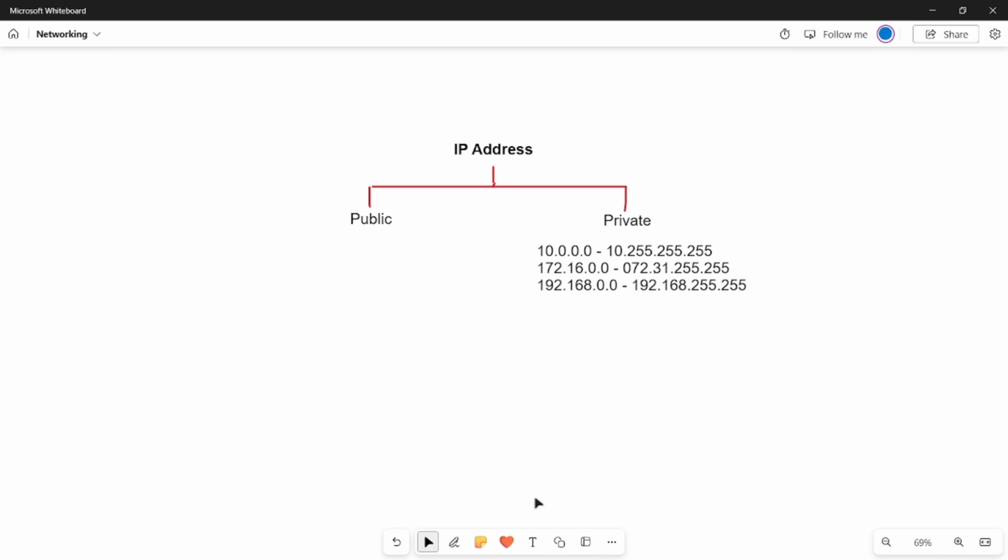The difference between public IP addresses and private IP addresses is that public IP addresses can access all the resources in the internet, so they are publicly available and everybody can see the IP address. But private IP addresses are not exposed to the internet or others.